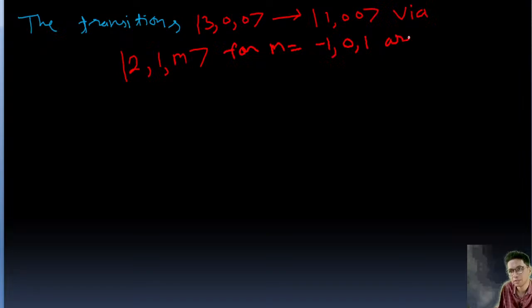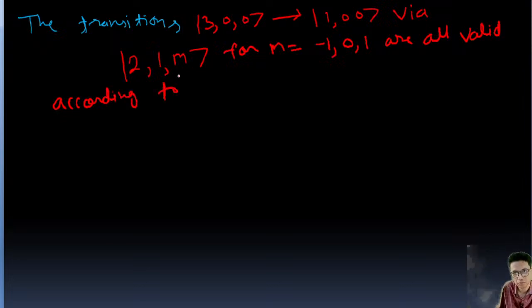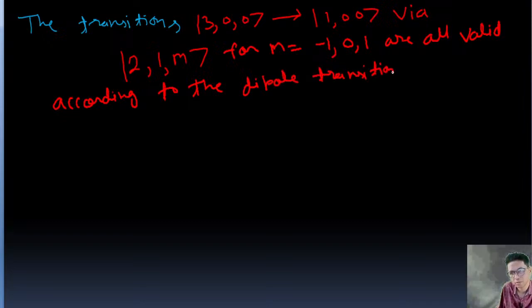for the value of m, these minus 1, 0, 1 are all valid according to the dipole transition rule, because L equal to 1 means m should be either minus 1, 0 or 1.